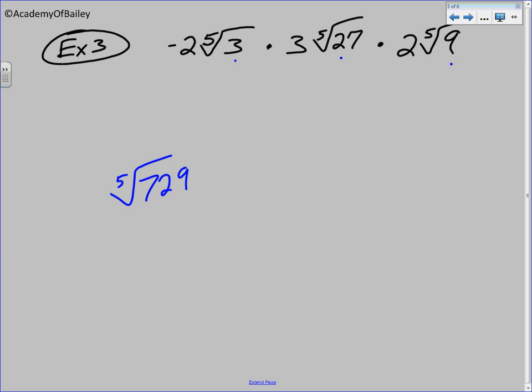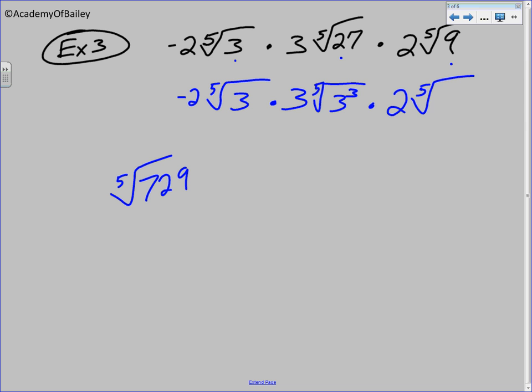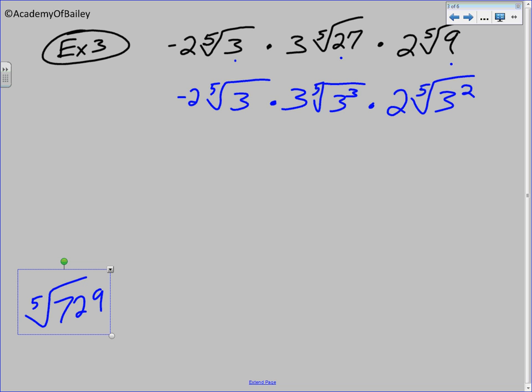But look here, if we have negative 2, 5th root of 3 to the 1st power, times 3 times the 5th root of, well, 27 is 3 cubed. And what is 9 as far as 3 to what power? 3 squared. And so, let's put that off to the side.